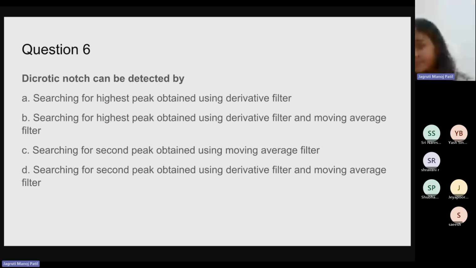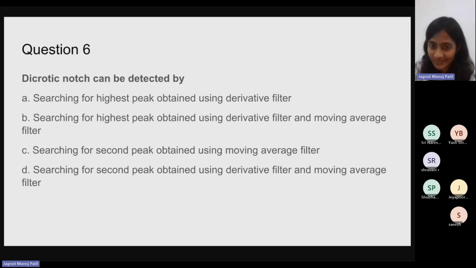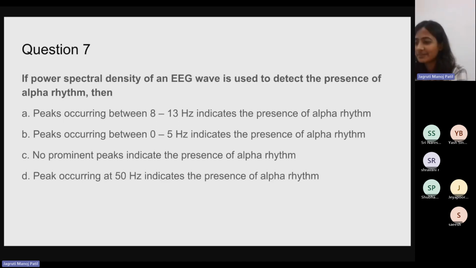What is the second peak here? S2. Oh, okay. I got confused for a time. S1 and S2. Okay. You all got what the difference was over here? Just remember where the dicrotic notch came into role. That is S1 and S2 and how it varies, and there you'll get the difference.